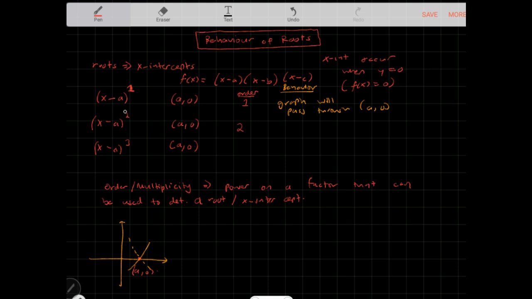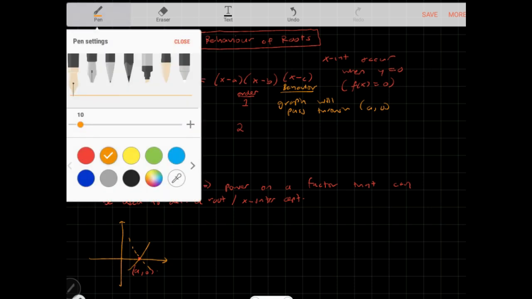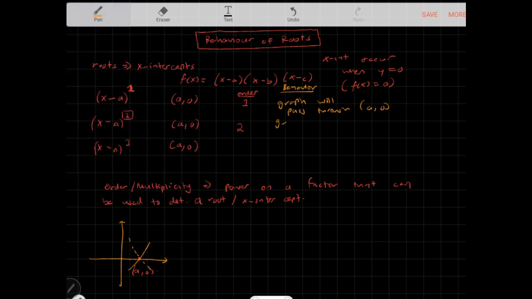If we have an order of 2, that means that the power on the factor is 2, then the graph will bounce off or be concave to a and 0.